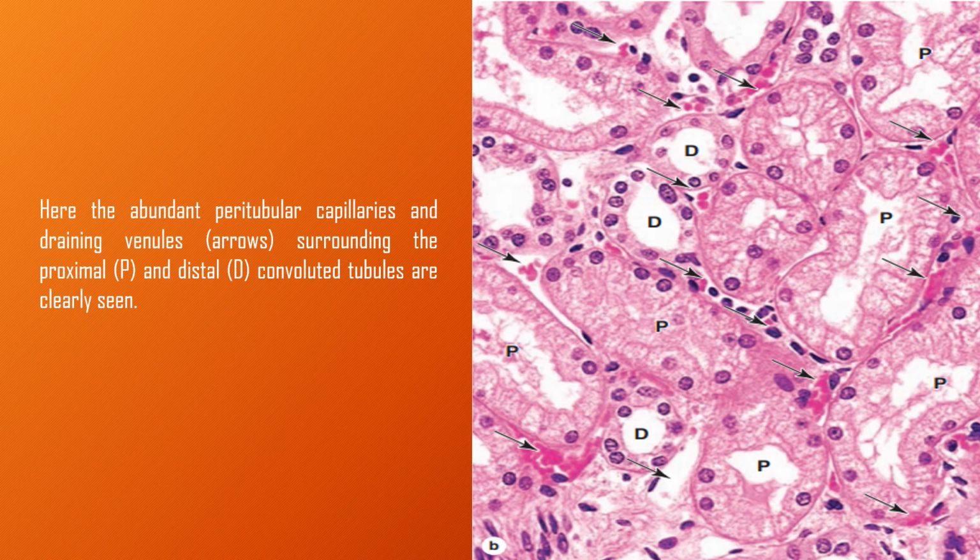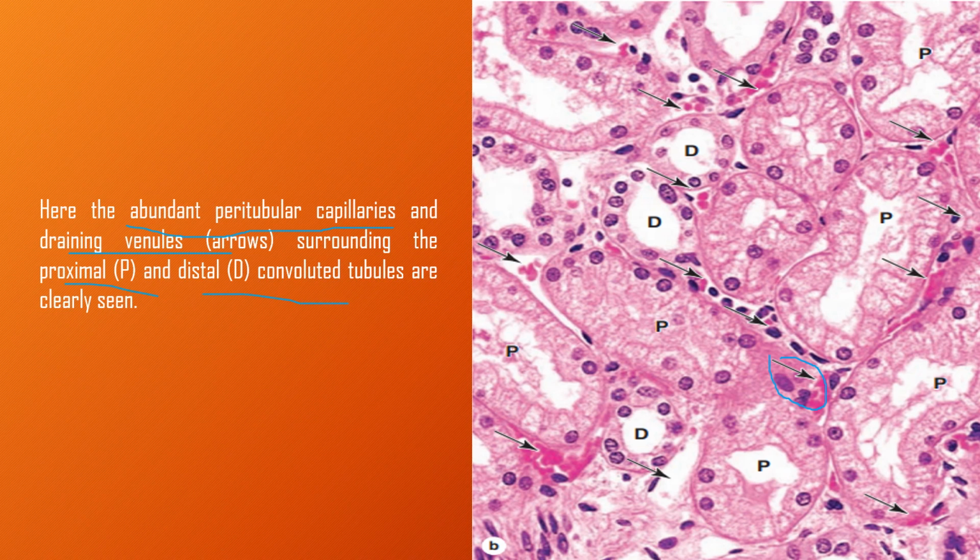Here are the abundant peritubular capillaries draining into the venules. As you can see here, these are the venules, and they are drained by the peritubular capillaries, surrounding the proximal and distal convoluted tubules.